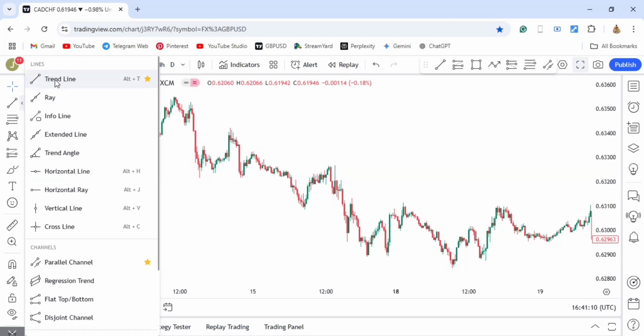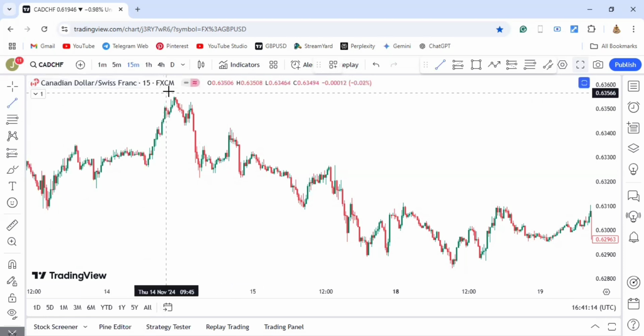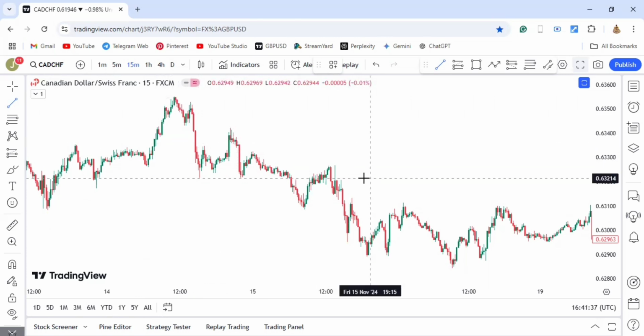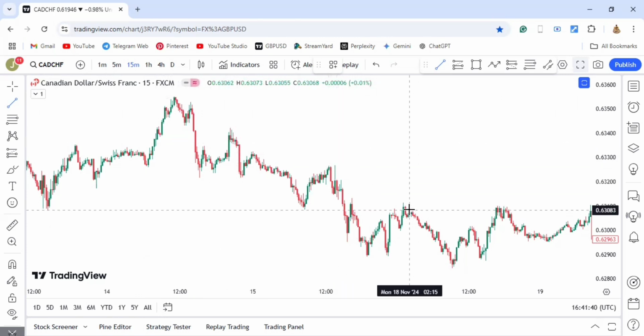So how can you draw the trend line? Click on this tool, trend line. When you click on it, you are going to look for the trend of the market. So this strategy of a trend line requires that the market is trending, which means if it is trending downwards, as you can see from here, it will be forming from high, another lower high, another lower high, another lower high.